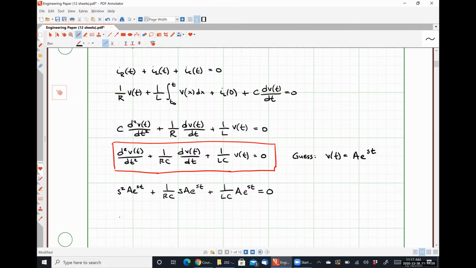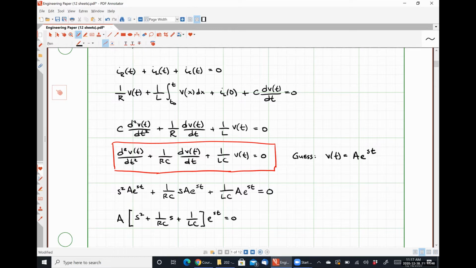And I can algebraically rearrange this a little bit. Like so. I pulled the common factor of A out, and I pulled the common factor of e to the st out.